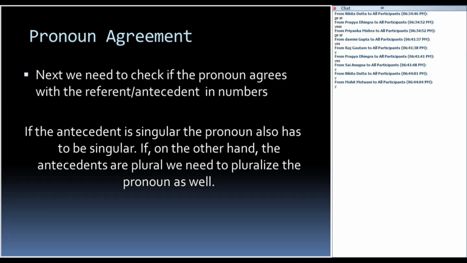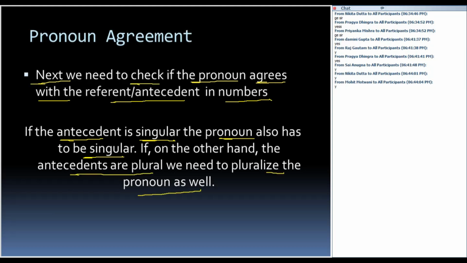If the noun is plural, then the pronoun also should be plural. So after you check for pronoun reference errors, the next thing you need to do is to check if the pronoun agrees with the antecedent in number. If the antecedent is singular, then the pronoun also has to be singular. If the antecedent is plural, then the pronoun also has to be plural.